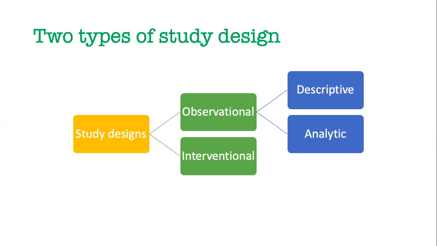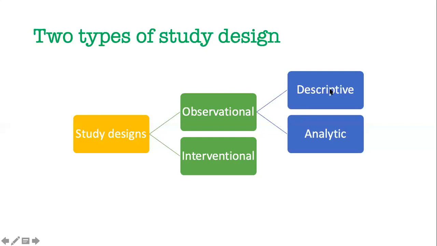We introduce something to them and see its effect on that population. An example is randomized controlled trials. But for this afternoon, we're going to focus on descriptive study design.